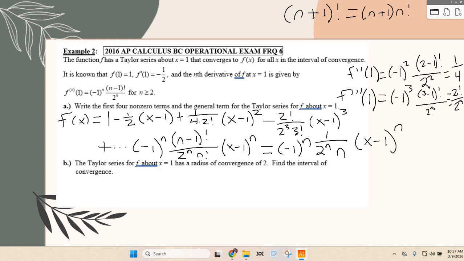Alright, so we did both parts for part A, yes? We found the first four non-zero terms, and then we found the general term. Agreed? Did you have to simplify to get the general term? Could we just have left it? I would have to look at the point breakdown.